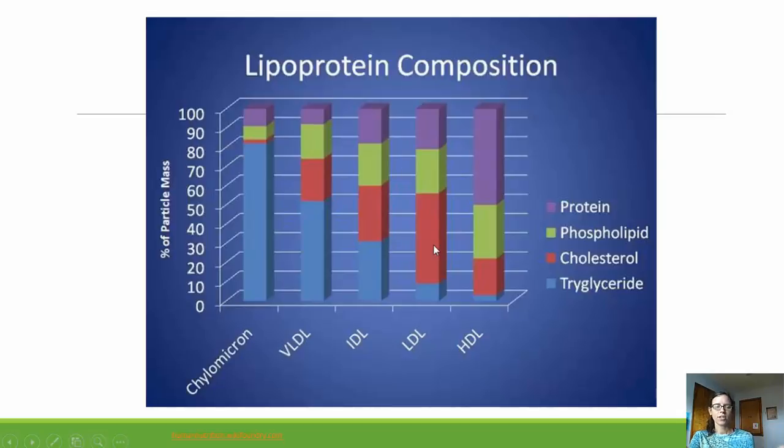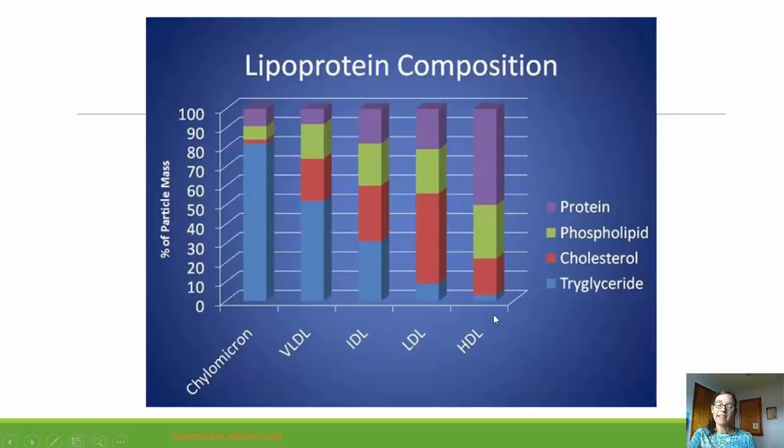At that point, it's going to again encounter more of this lipoprotein lipase and lose even more of these triglycerides. So we have an even greater proportion of cholesterol in these lipoproteins. And then that low density lipoprotein is going to go back to the liver.